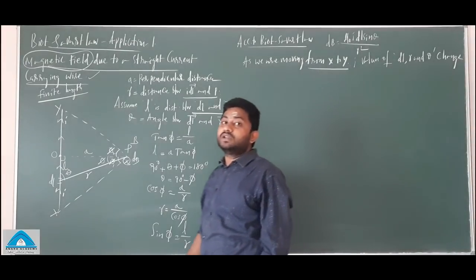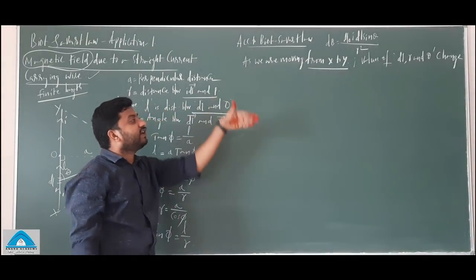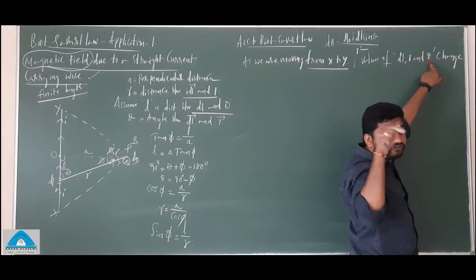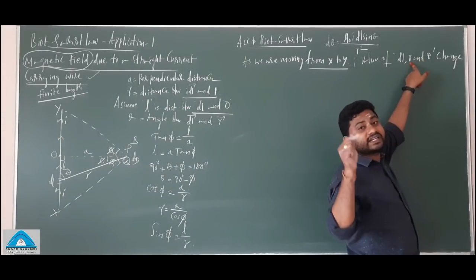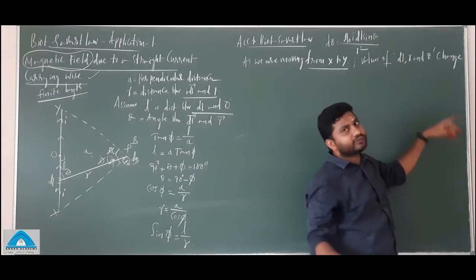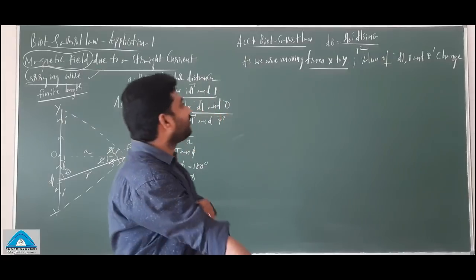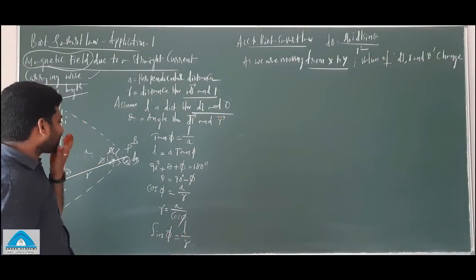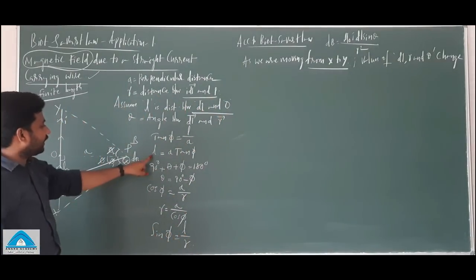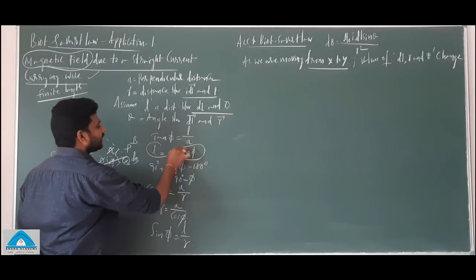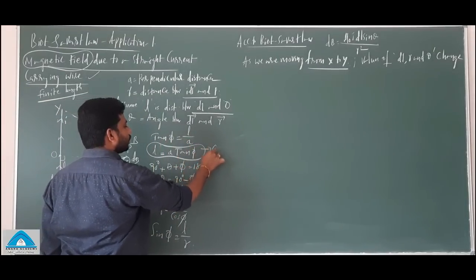So that's the reason all these values we will be writing in terms of phi. Theta we will write in terms of phi, r we will write in terms of phi, dl also we will write in terms of phi. So for that, first dl: we know L is equal to A tan phi. Let me write it as equation 1.